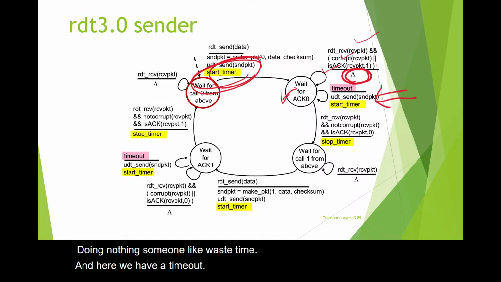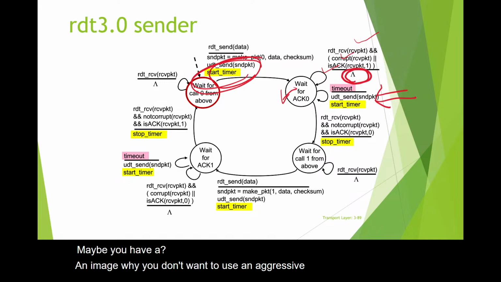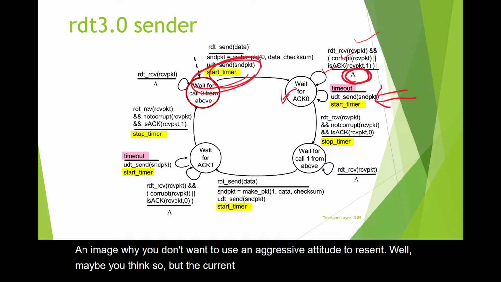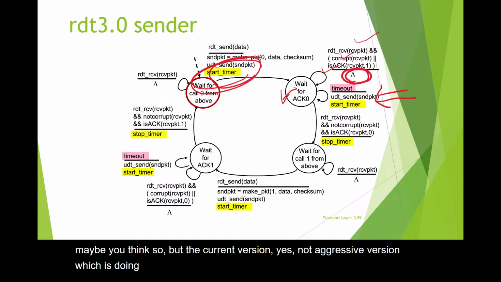Maybe you wonder why we don't use an aggressive attitude to resend. Well, maybe you think so, but the current version is not the aggressive version. We do nothing and wait until timeout, then we do the processing.